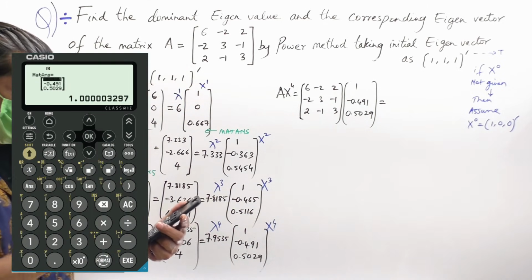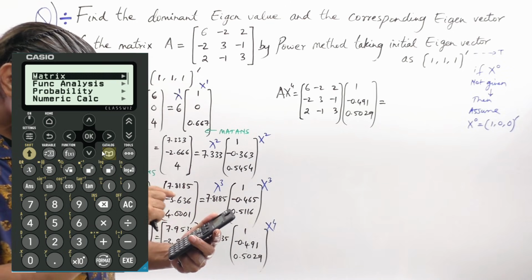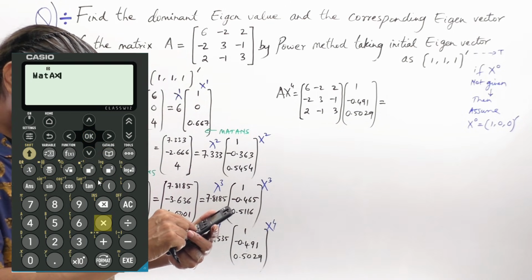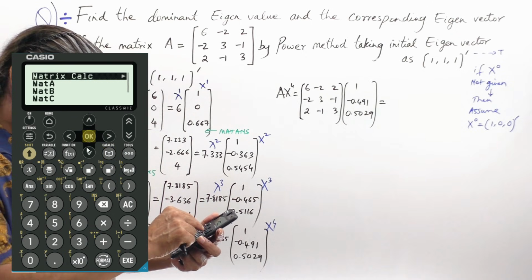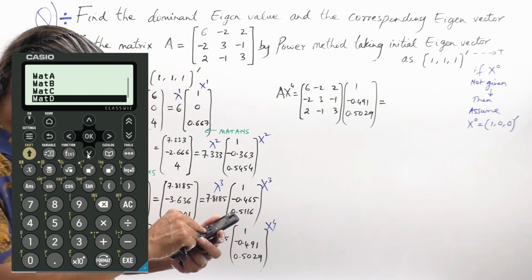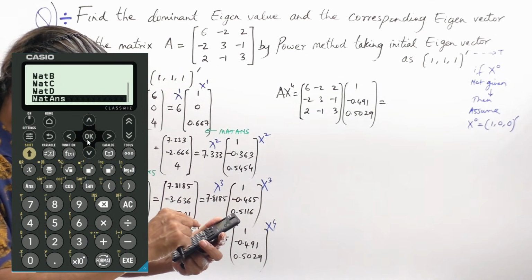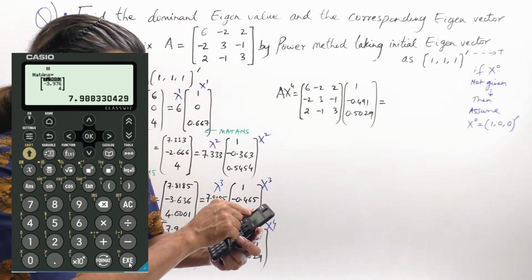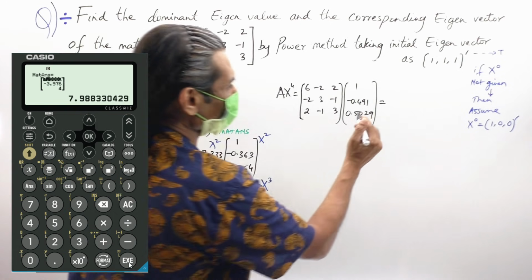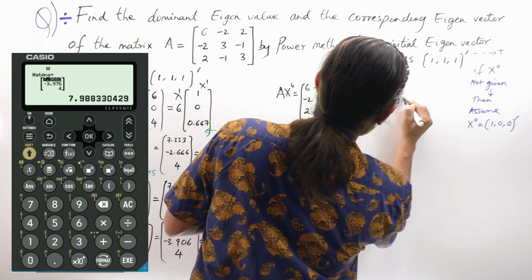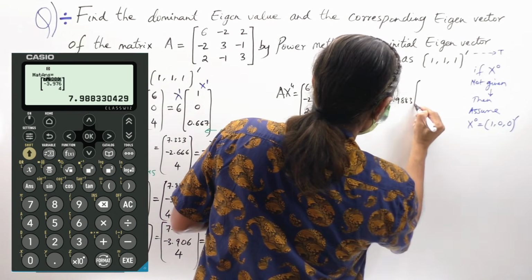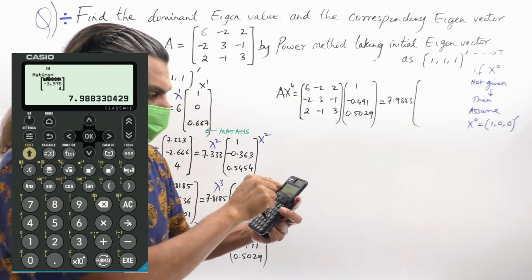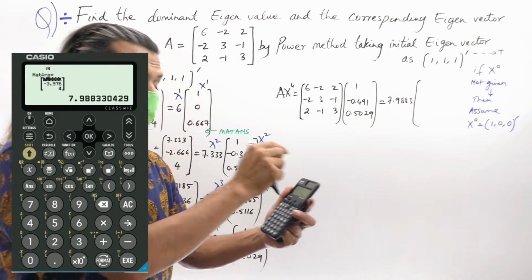Again, this will be catalog matrix A into catalog matrix, and we go to matrix answer. Then is equal to, see, 7.9883. So the highest number is 7.9883, then minus 3.976 and 4 I am getting.